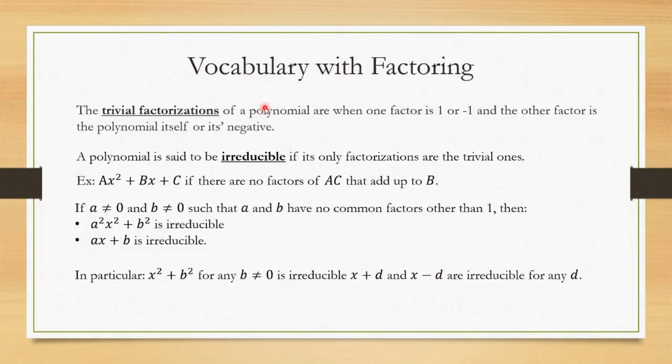You could do 1 times the integer itself. Likewise, for a polynomial, you could do 1 times the polynomial, or -1 times negative the polynomial. Those factorizations are called trivial factorizations, mostly because they're not really useful or helpful for us.